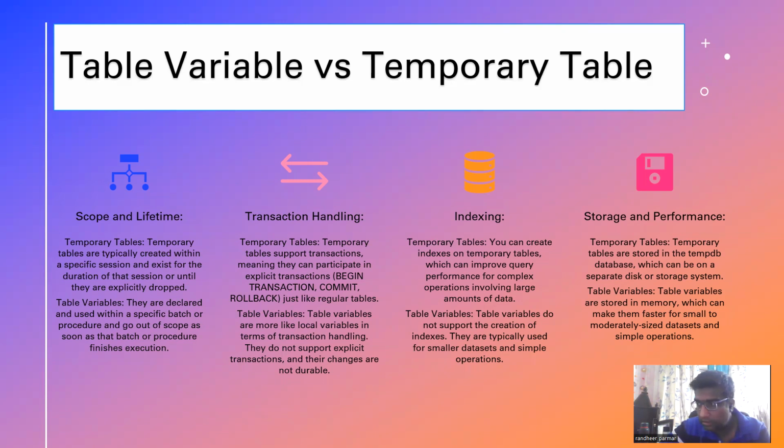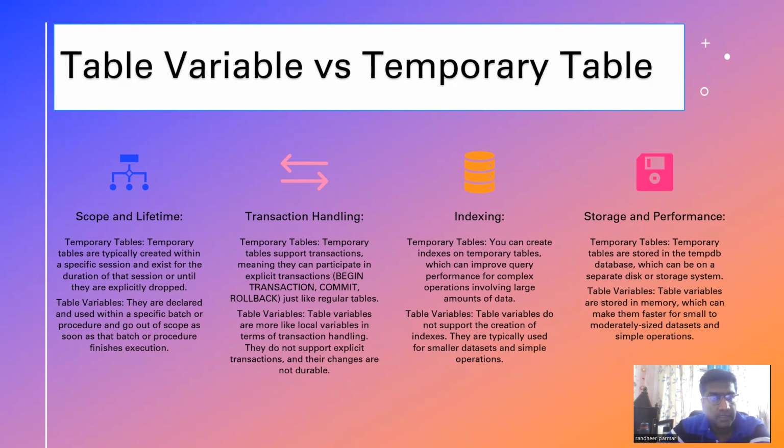Table variable scope remains till that batch is executed. So let's say you declare a table variable, and as soon as that batch where the table variable is used has executed, it will automatically get dropped.